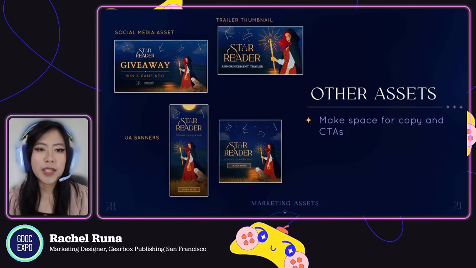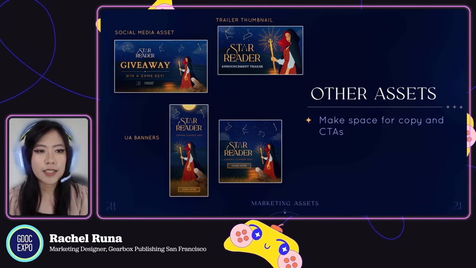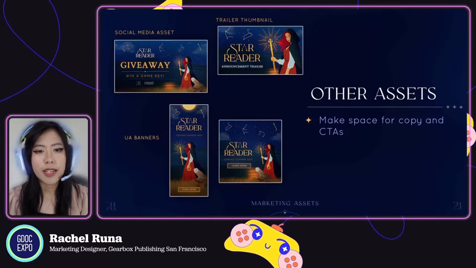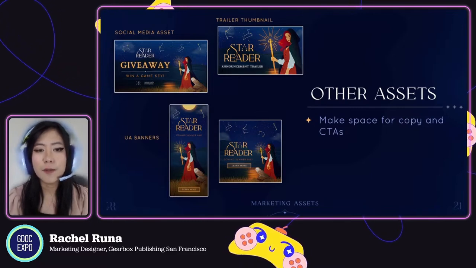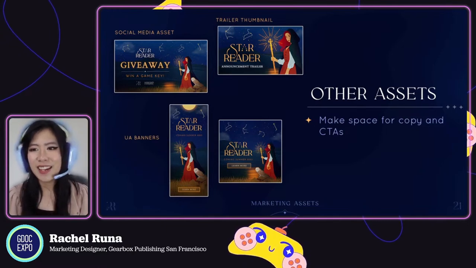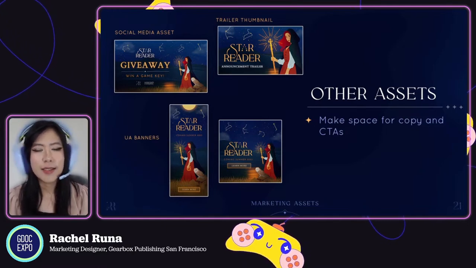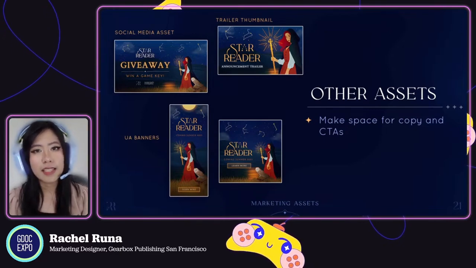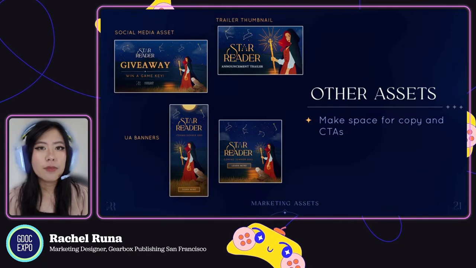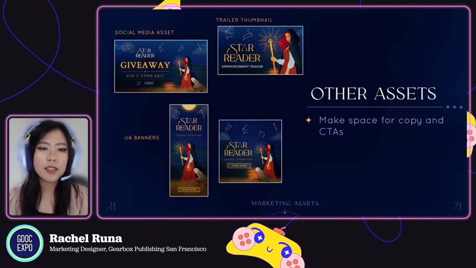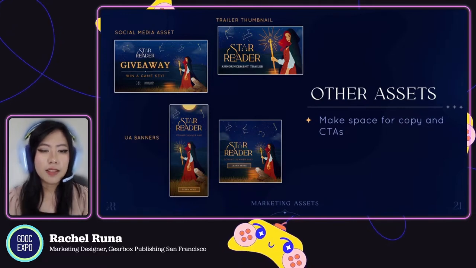So to zoom in on each of these assets that we have here, how I would approach creating a game key giveaway banner, and this is all very subjective on my creative process, but I like to make space for all of the copy and call to action like I mentioned earlier, so I will place any kind of characters and objects on the right side, leaving us with a lot of space to work with on the left.